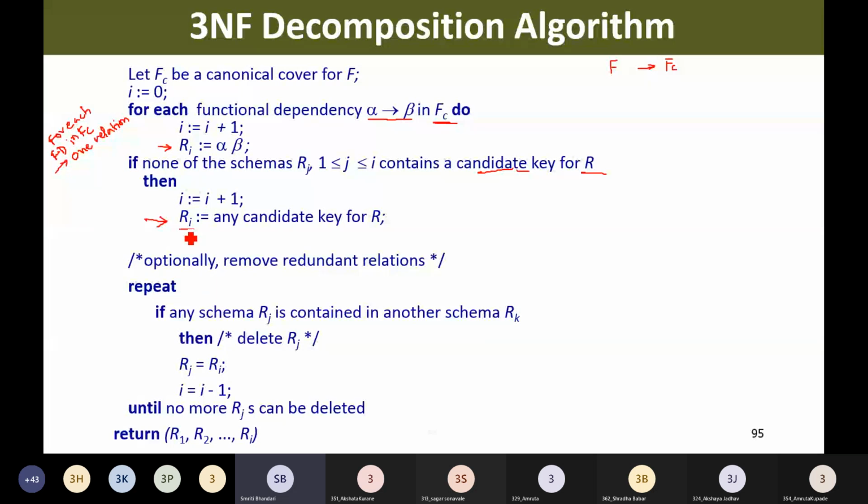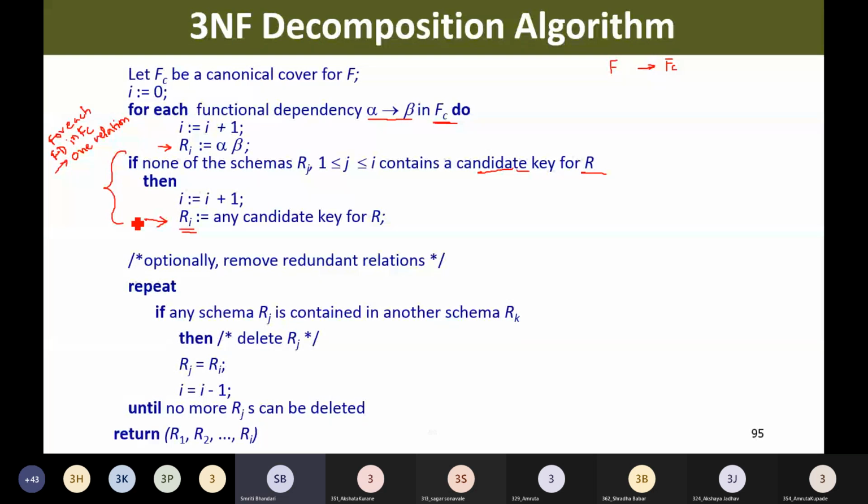So i is incremented by 1, and we create one more relation wherein we have the candidate key for the relation. This is the optional step.